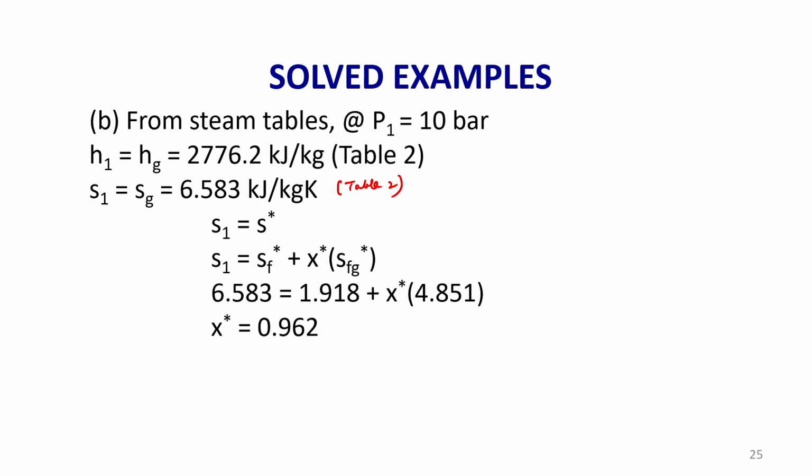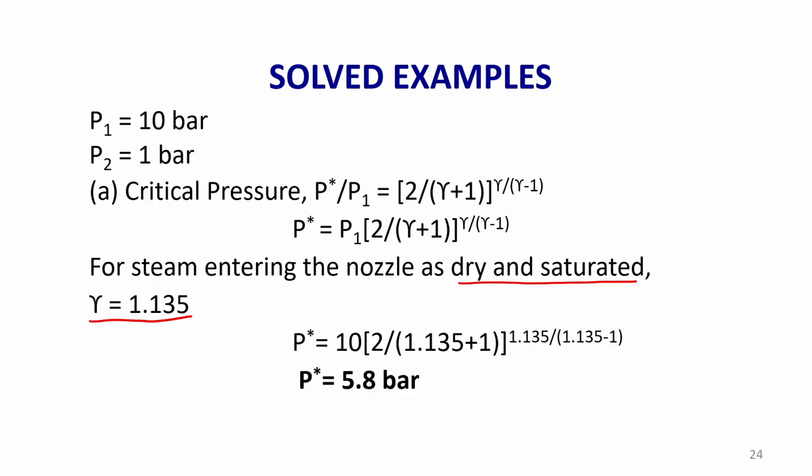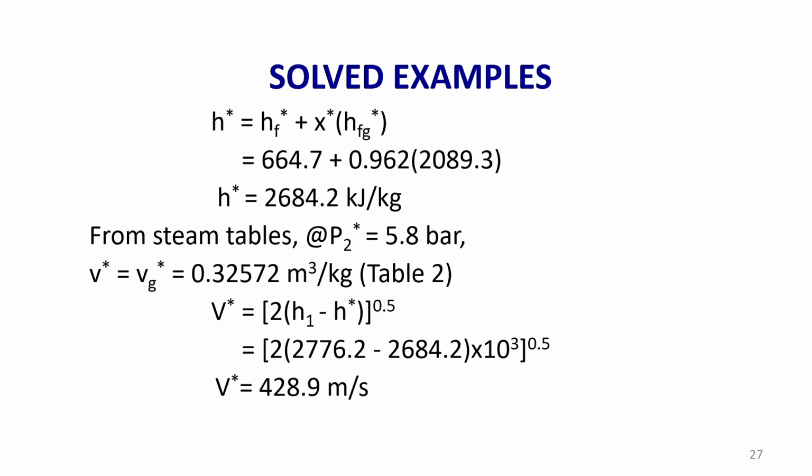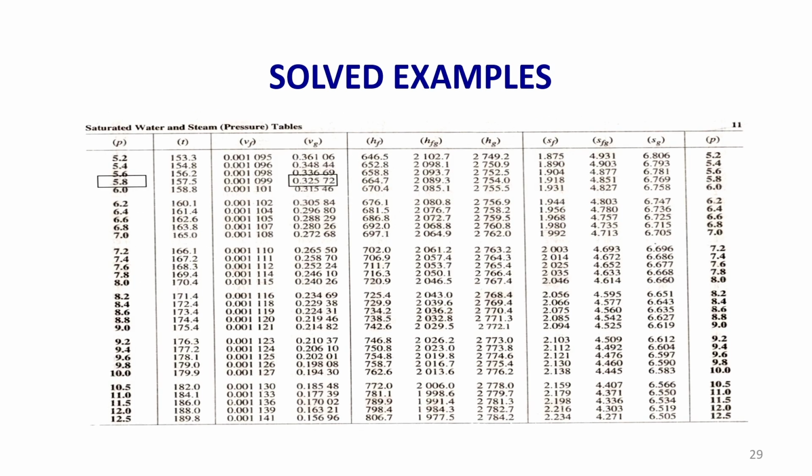So S1 equals S star, and S star can be written as Sf star plus X into Sfg star. This value you can take as 1.918, corresponding to 5.8 bar.